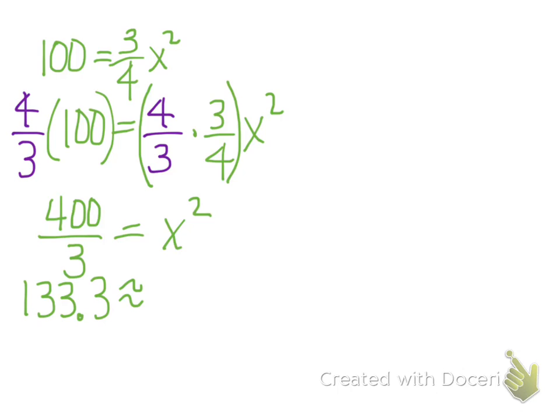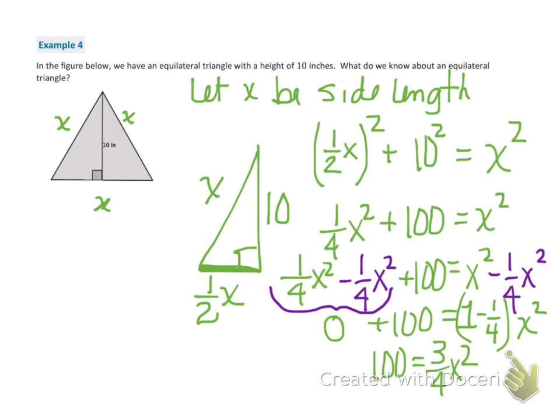So that's approximately, so we've got x squared is approximately 133.3. Okay, so now we're back to where we were before. And so we're on our way to finding the side length of this equilateral triangle, right? So we're going to be able to know pretty closely what the side length of that is.